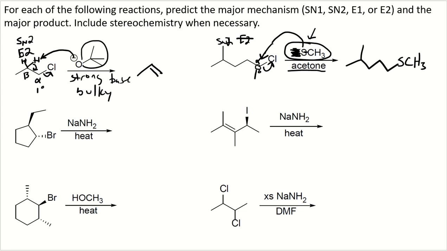Next, we have a secondary alkyl halide. These ones get tricky because all four are possible: SN1, SN2, E1, E2. So we need to look at our reagent. This is a strong base, and it's also a small base, which is important. Now, the heat also helps us identify this as an elimination.